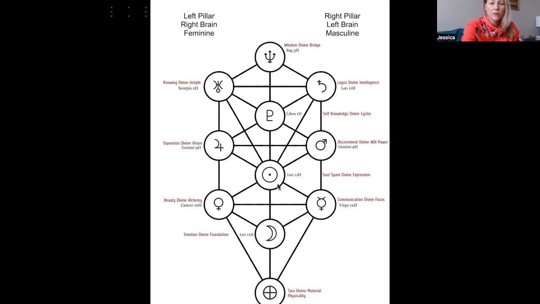But then it moves down to the sun, and that's the soul spark, the divine expression, like your personality. The soul spark is the essence that we emanate, and it's based on how much we've mastered these other planetary spheres. It's really going to show up in our personality, and what those influences are, and whether we're in the shadow of them or whether we've integrated the shadow.